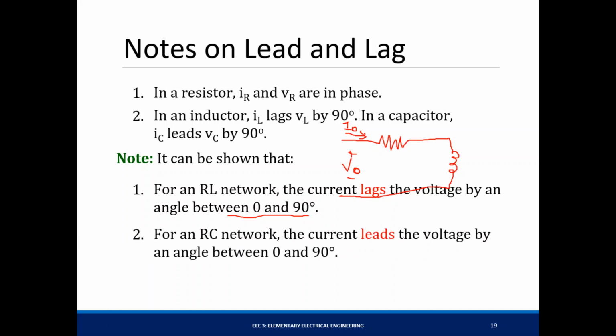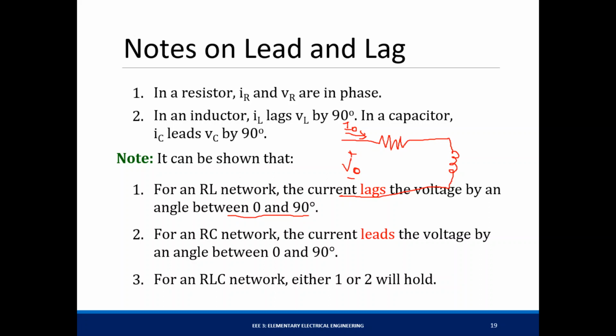For an RC network, the current leads the voltage by an angle of up to 90 degrees. So that means it's a network consisting purely of resistors and capacitors. Now, if we have the combination of the three, either one or two will hold, so we don't really know what would happen. Okay, so you have to solve it. So I'll show you in succeeding lectures how to determine that.